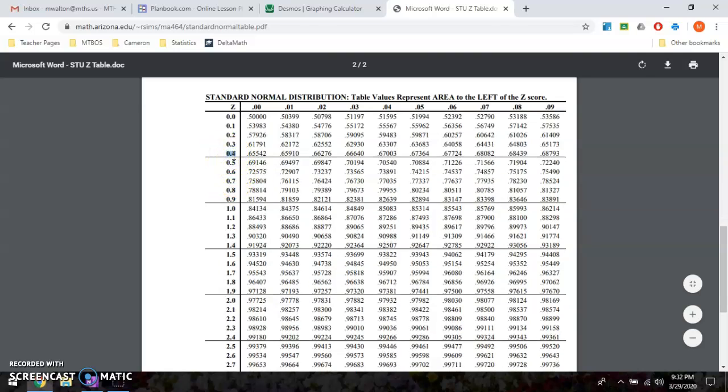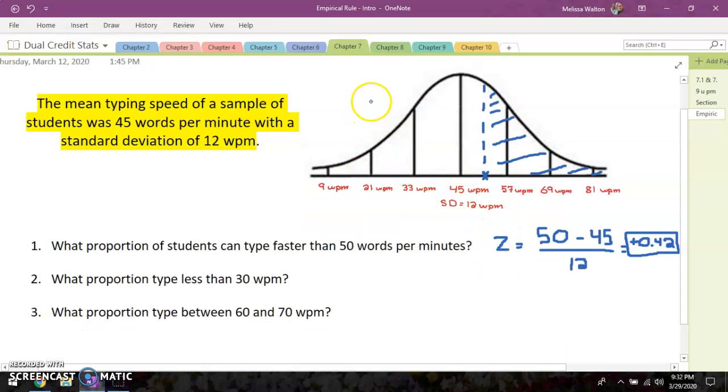Here's 0.4, but if I want 0.42, I have to go over. This tells me that I'm at 66%, but that's only the area left of the z-score. Hang in there if I've lost you. Don't worry, you're not going to have to do this. But this would give me my percentage on the left of that z-score, which is 66%. Well, if that is 66%, what percentage is left? 100 minus 66 would be 34% over on this side.